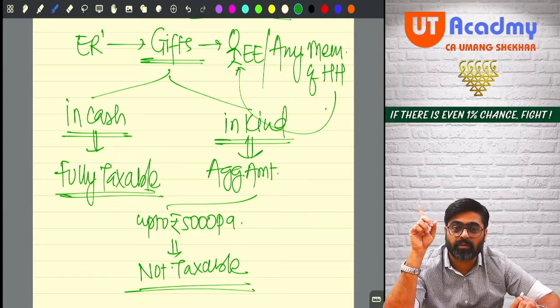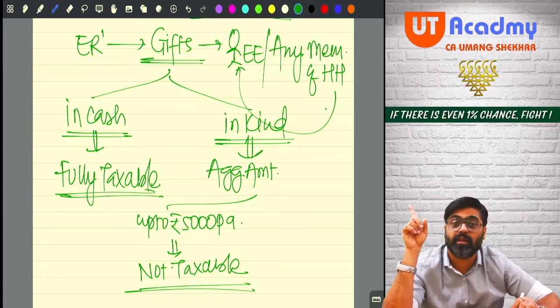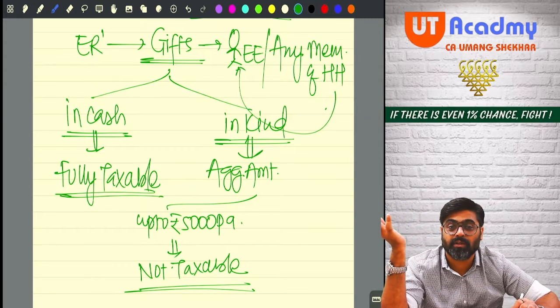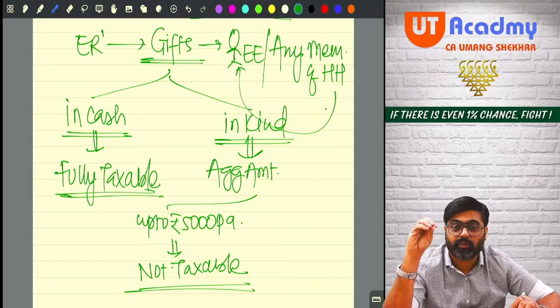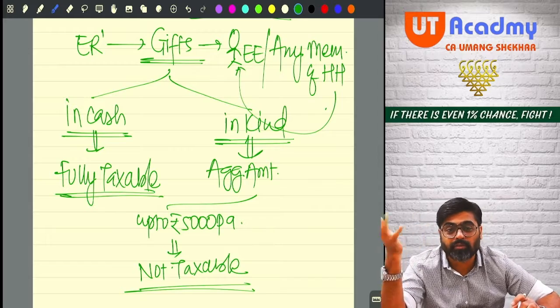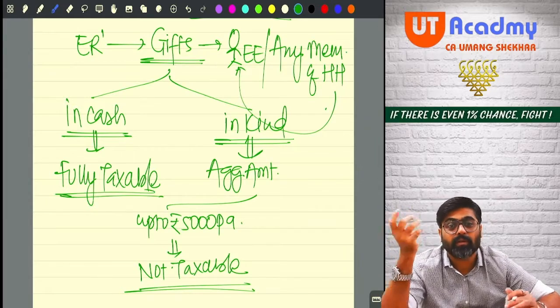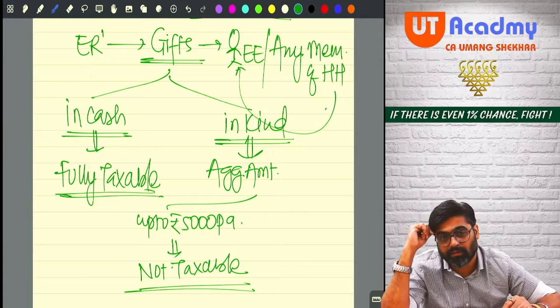At one more place, the rule became silent. You remember? Educational facility. The reasonable cost of education for the children in a similar school, if 1000 per month per child or less, nothing taxable. Then the rule became silent.